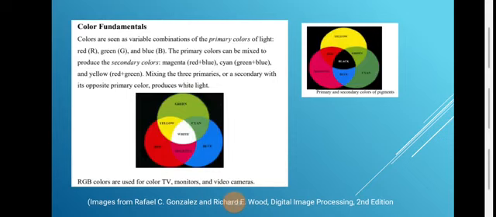The basic primary colors of light are red, green and blue, and the mixing of these colors produces several colors. The main secondary colors are magenta, cyan and yellow. Magenta can be prepared by combining red and blue, cyan by green and blue, and yellow by red and green.